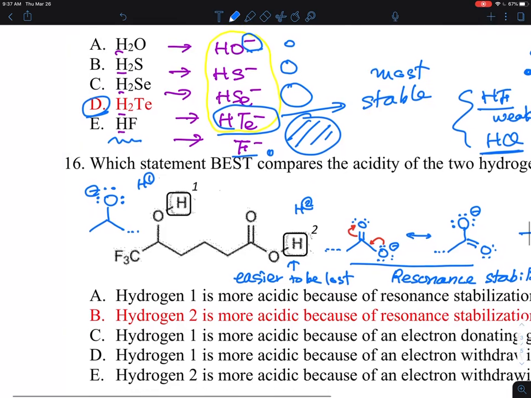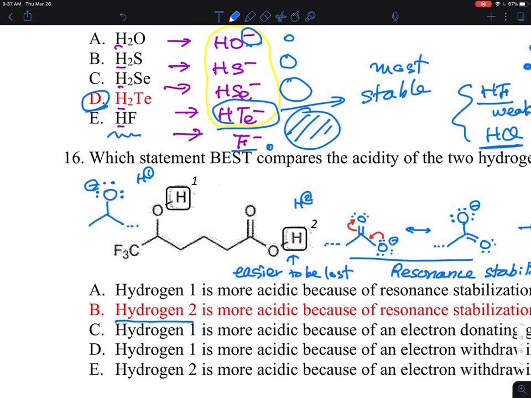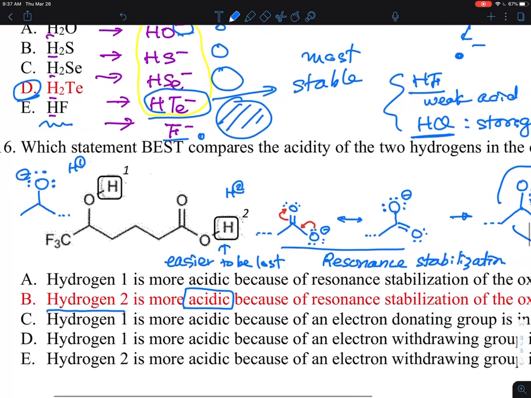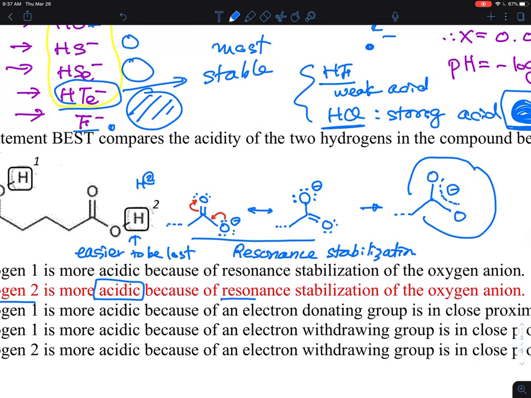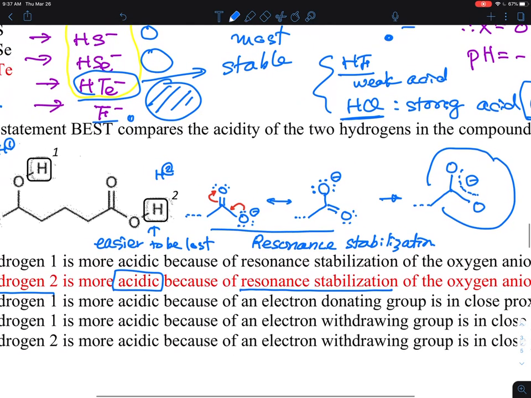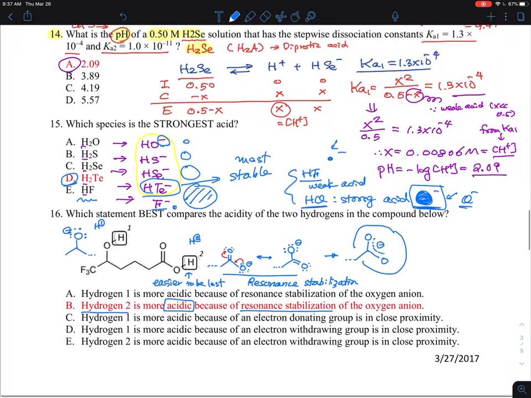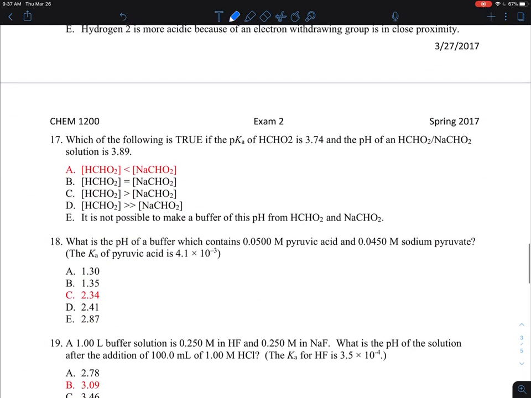And therefore, hydrogen 2 is more acidic. They would love to lose this because of the resonance stabilization. So that's the answer, and I think you should know it by now. This is quite frequent. It's repeated here, and it is also repeated in the other problems that we show.